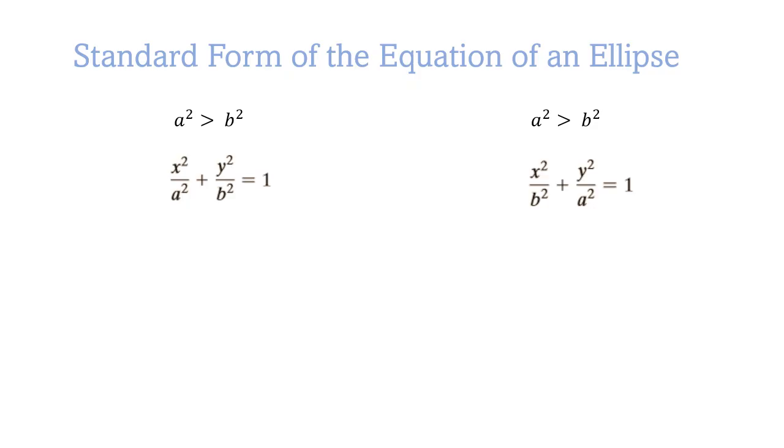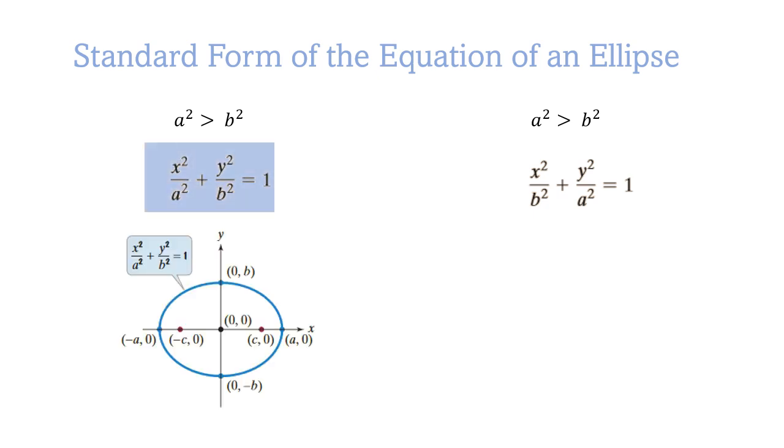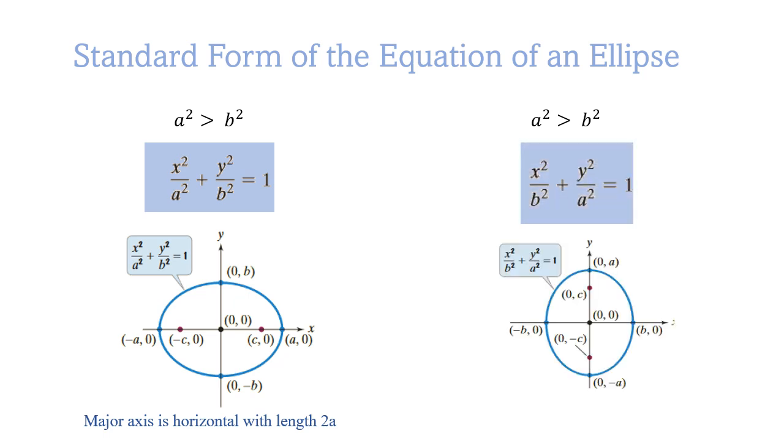So now we're going to see the standard form of equation of an ellipse, center origin. Keep in mind center origin. So we have the horizontal ellipse, where the major axis is horizontal with length of 2a. And notice where a is. Or we have the vertical ellipse. Therefore, the major axis is vertical with length of 2a.